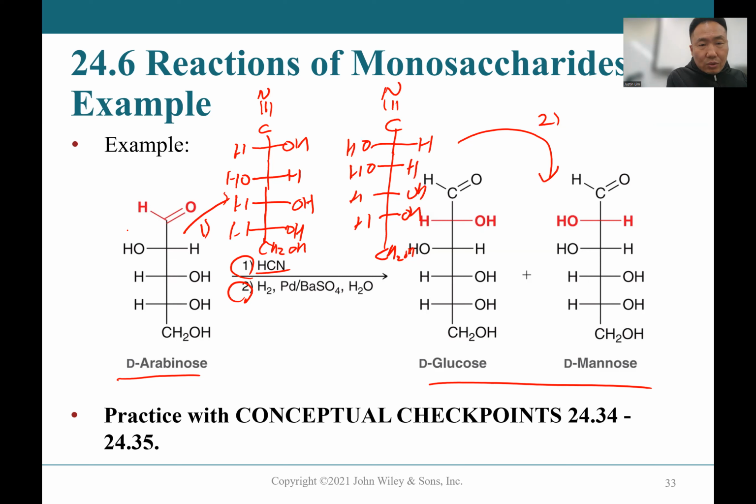So basically all the same, but you can insert one carbon into the chain here.